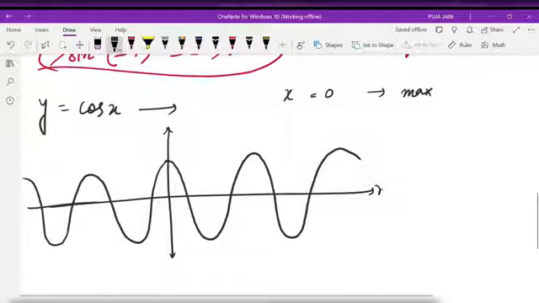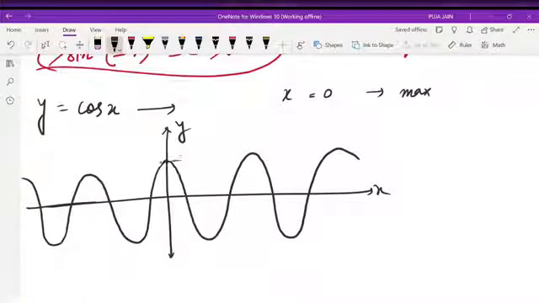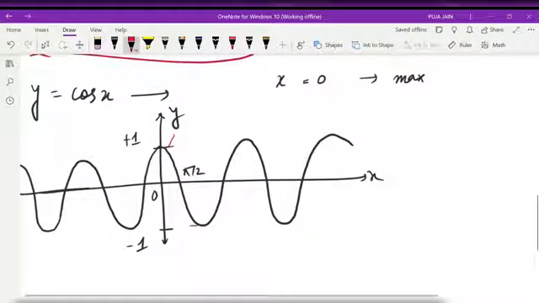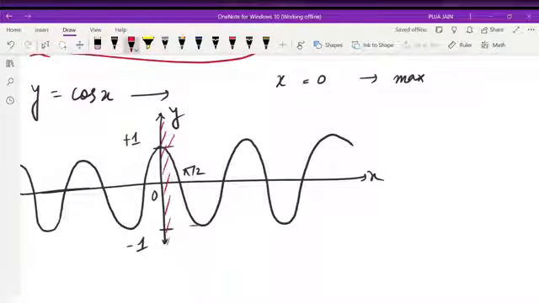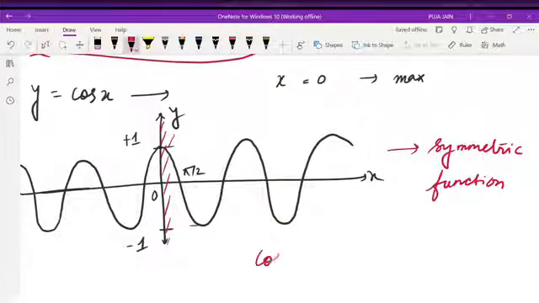Clear? This is our plus 1 value and this is our minus 1 value. This is our 0, this is pi by 2. Okay. So here we can clearly see that the graph is symmetric about y-axis, right? So this is a symmetric function. Also we can conclude that cos of minus of x equals to cos x.